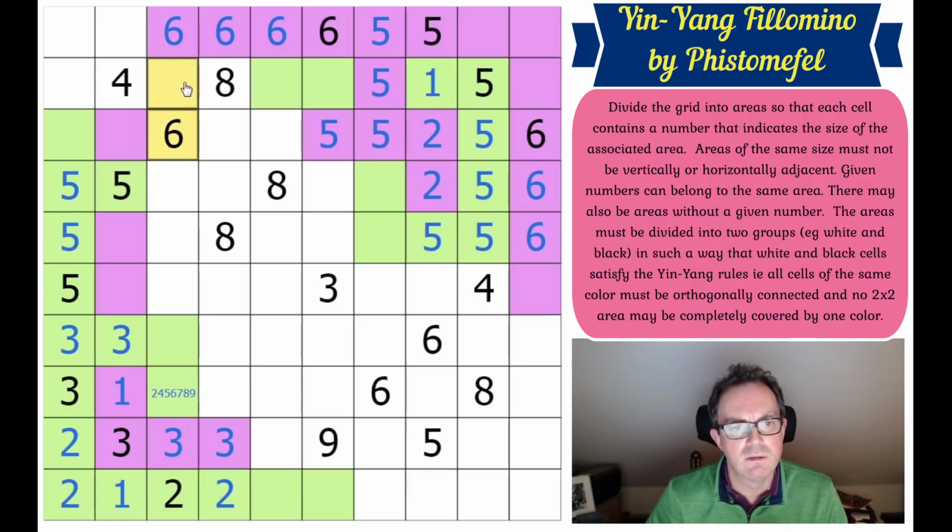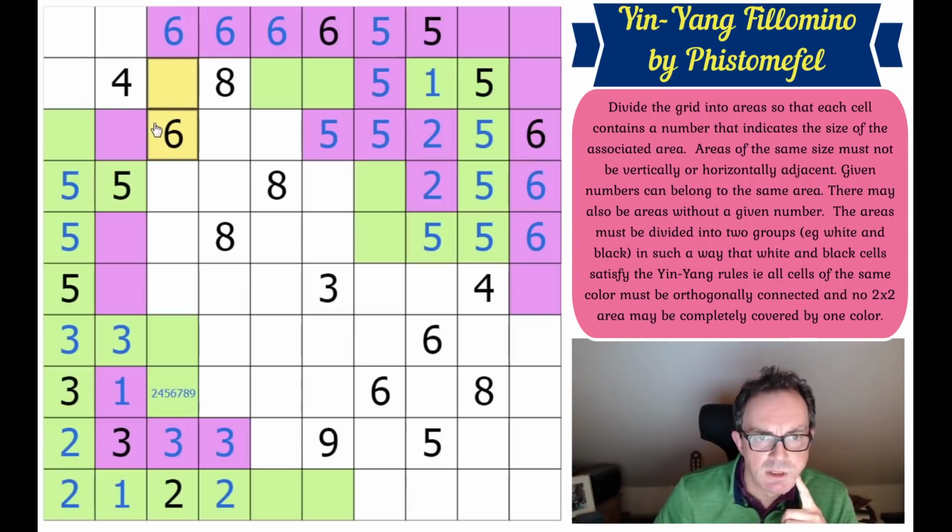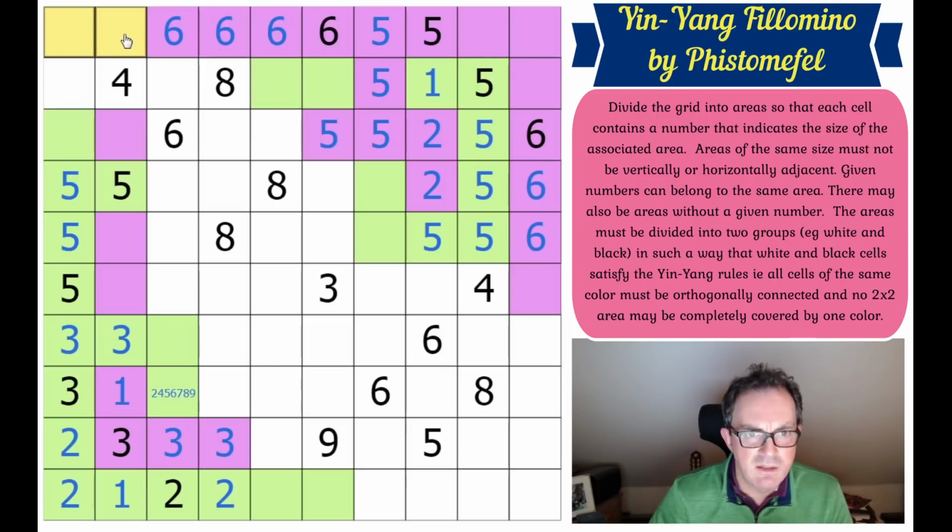Probably. Is that necessary? If it does that, this would be green. If it doesn't do that, both of these would have to be 6. And then, is there enough room for the 4? Let me just check that.